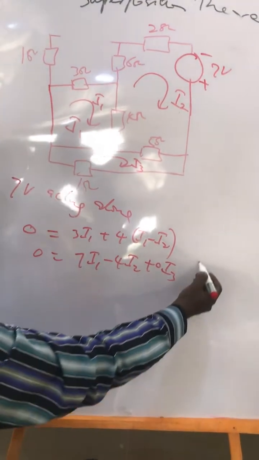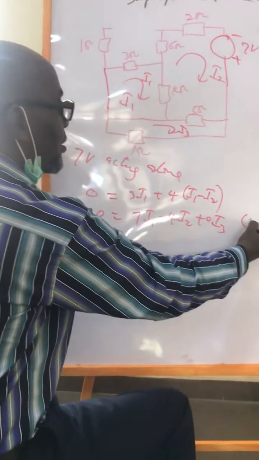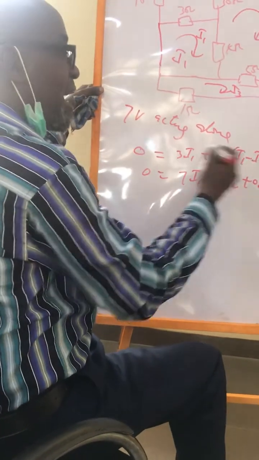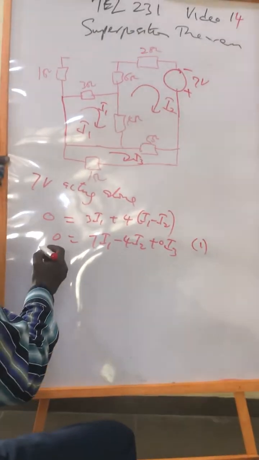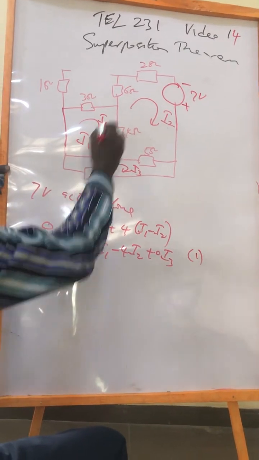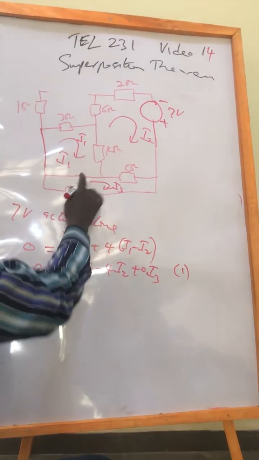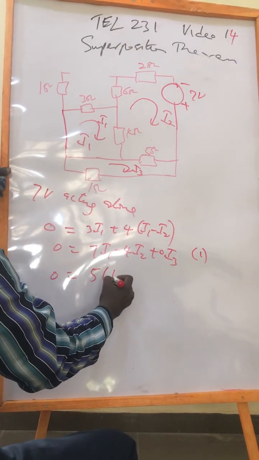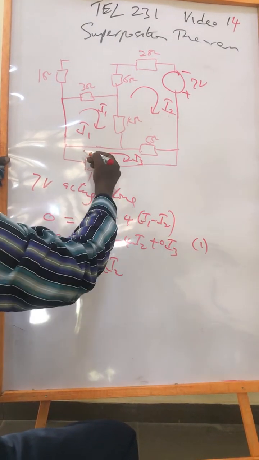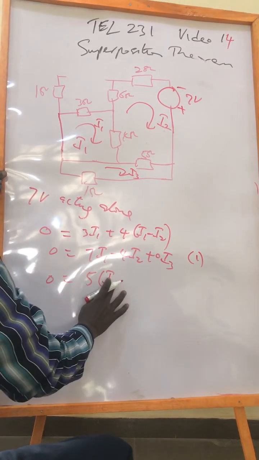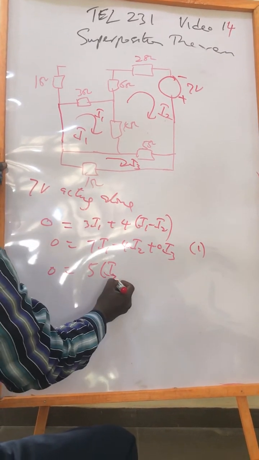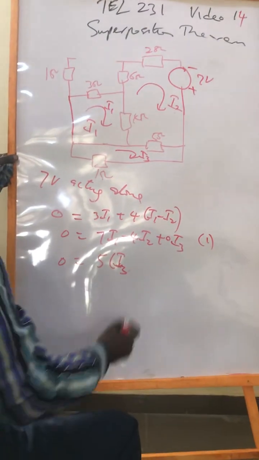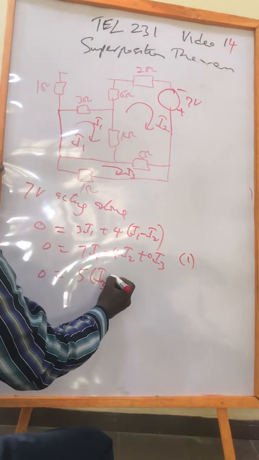You should always remember to label your equation. You can call that one equation 1. Sorry, in the previous one I didn't label. Then the next one, for this other loop, 0 equals 5 into I2 dropping current. Sorry, we are in the third loop. This should be I3, the original current there.